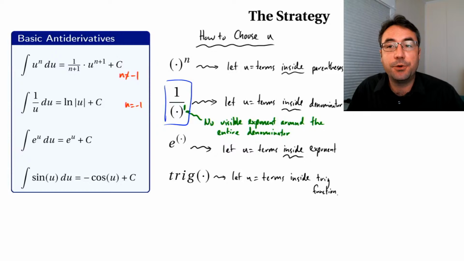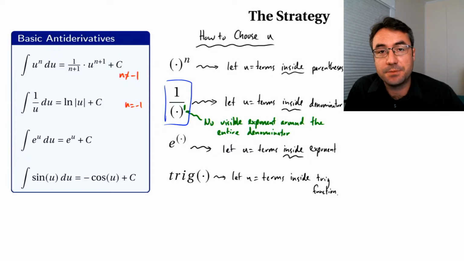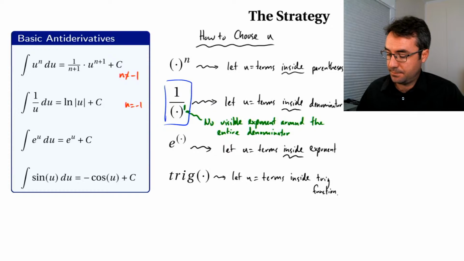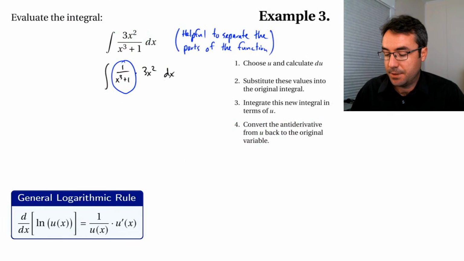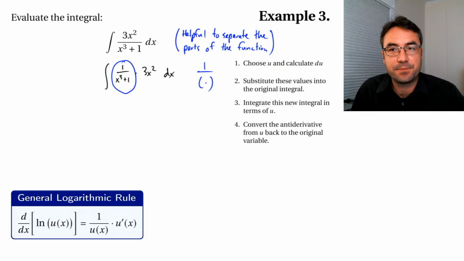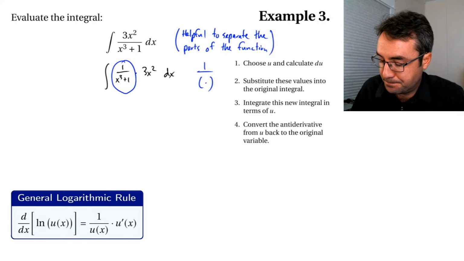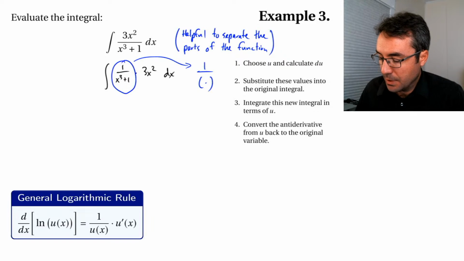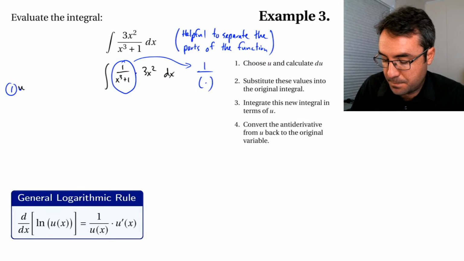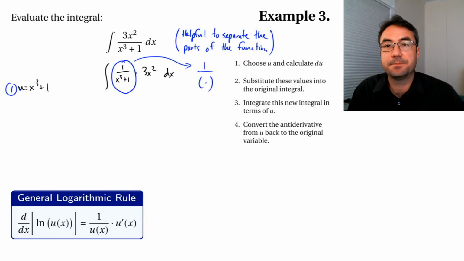And so what we're going to do is let u equal those terms that are inside the denominator. So this is sort of our 1 over something format. So in step 1, we're going to let u equal those terms that are inside the denominator.